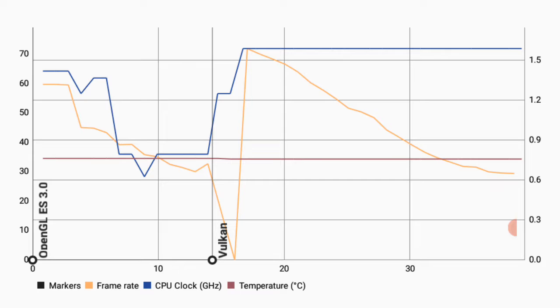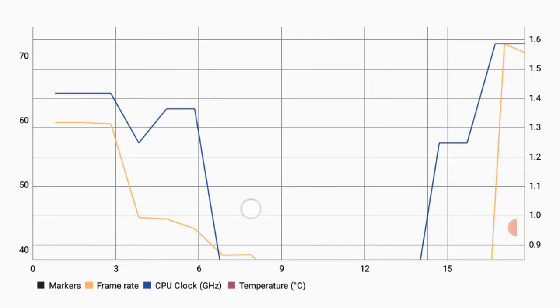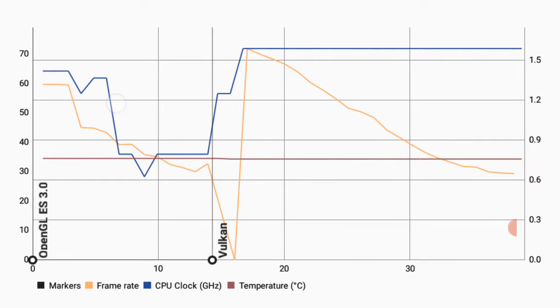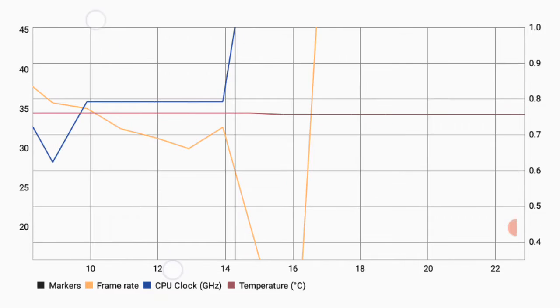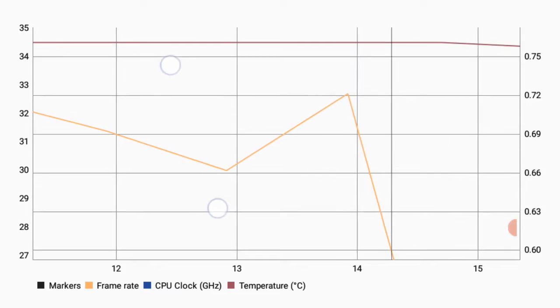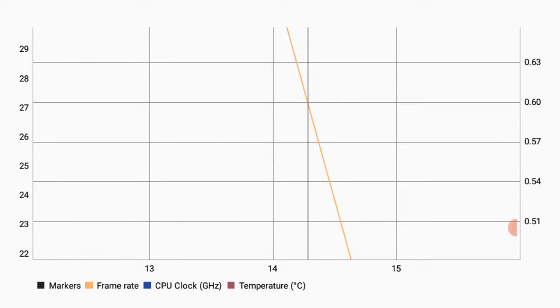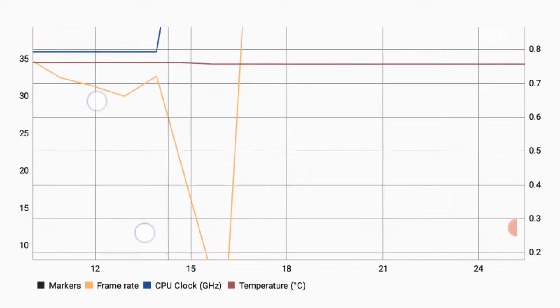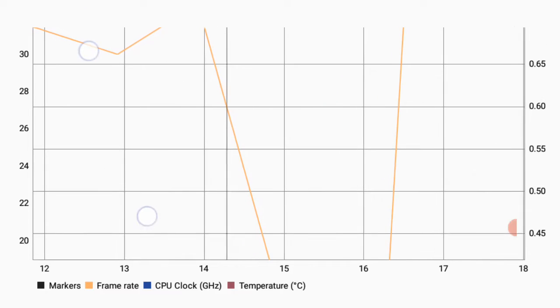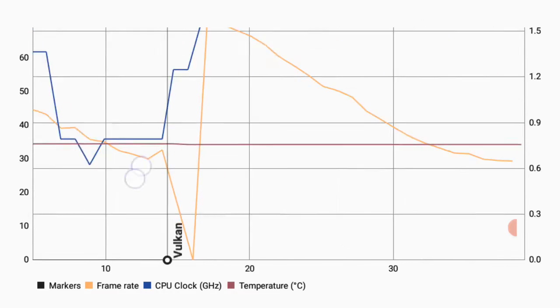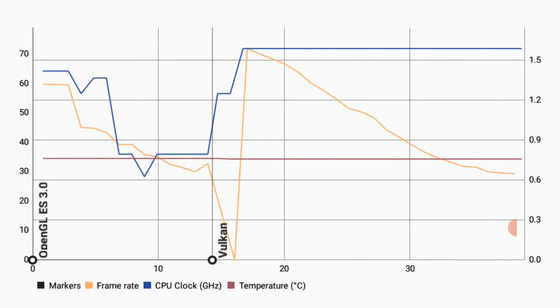As we can see, the frame rate has dropped from 60 FPS in OpenGL to 27 FPS at the beginning of the Vulkan test.